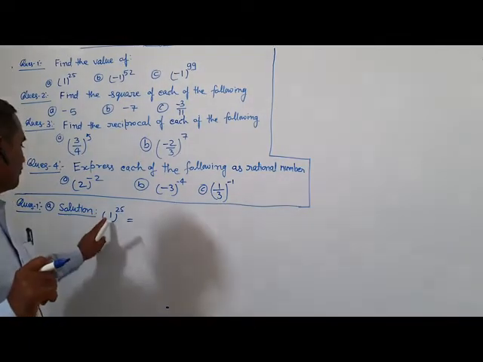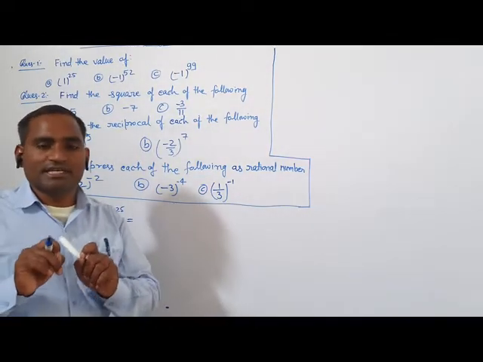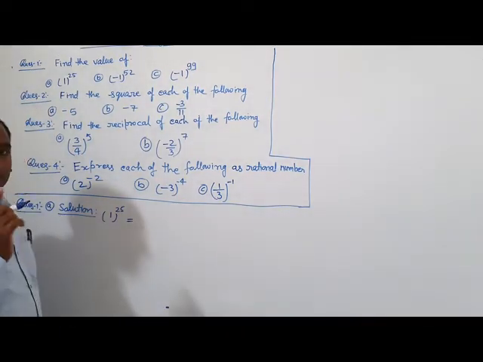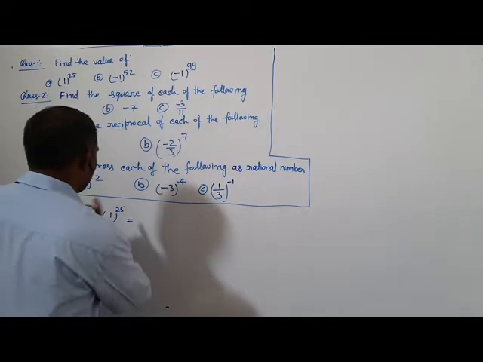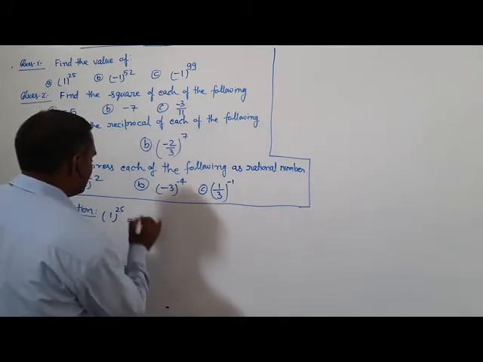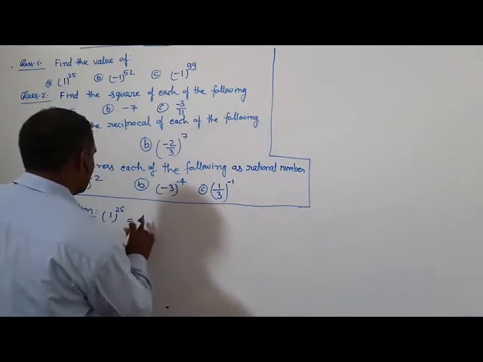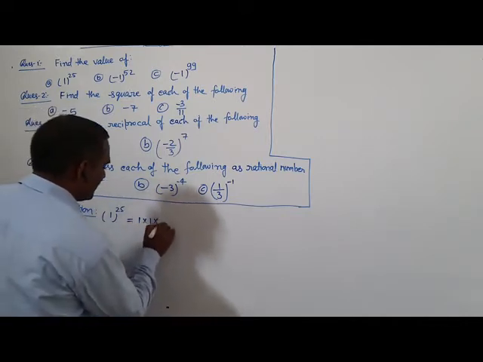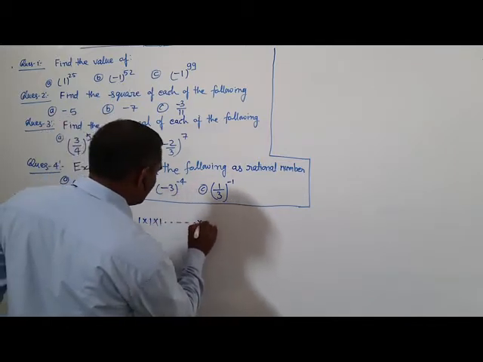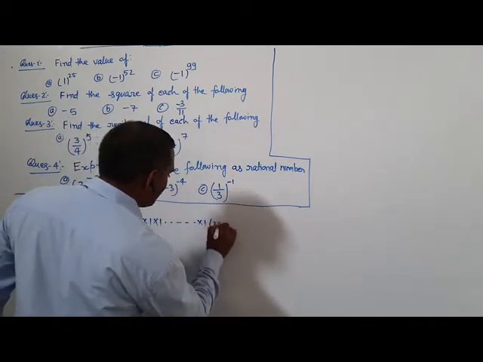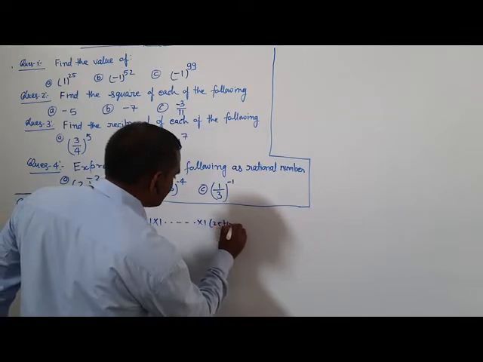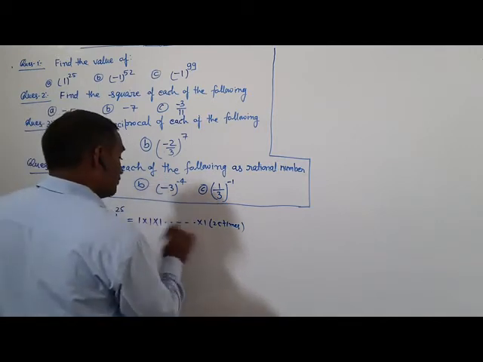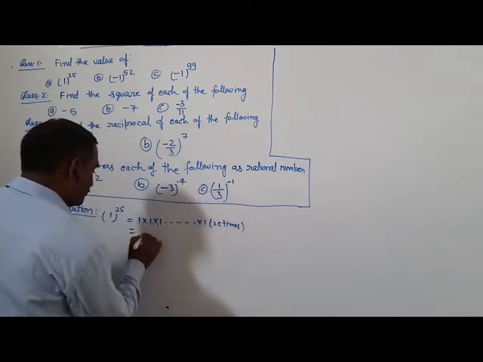is equal to 1. एक जितनी भी पावर है सबकी वैल्यू क्या होती है? 1 ही होती है. जैसे 1 raised to the power 25 तो 1. Simply you can write like this: 1 into 1 into 1 up to into 1, 25 times. So the value of this is equal to 1.